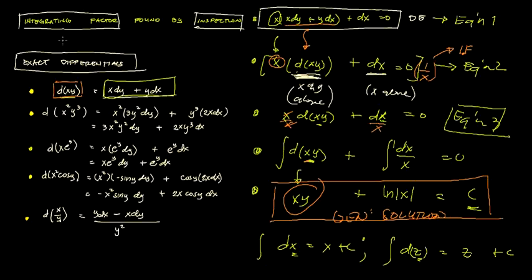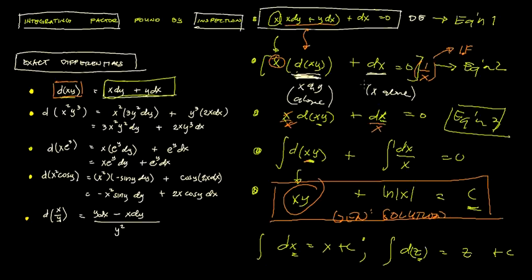Once again, we found the integrating factor by inspection. What is our integrating factor here? 1 over x. Why? Because we want to make this part purely x and y alone, and this part purely x alone.